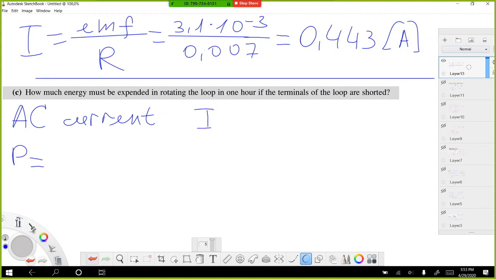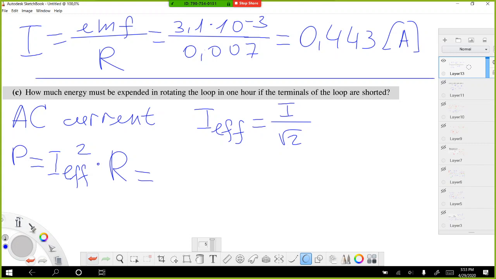So I effective is I over square root of 2, and the power is equal to I effective squared multiplied by R. Or if we replace, power will be I squared multiplied by R over 2.